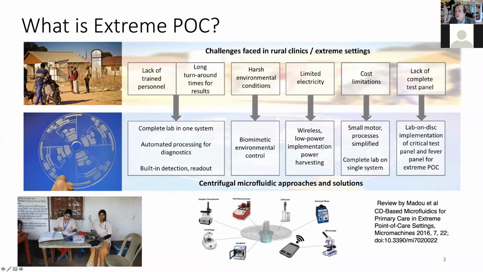Cost limitations, the motor running this, we want to be very small, simplified, and in a way, we want a complete lab on this disk. That's why we call this lab on a disk. And we want to have critical test panels. For example, would be a fever panel. What that means is there might be 20 or 30 reasons why a patient comes in and says, I have a fever.